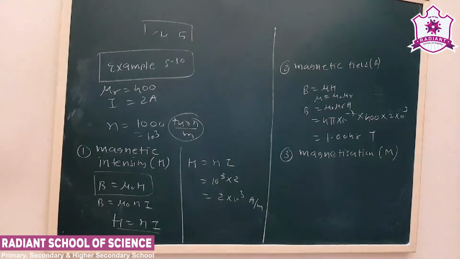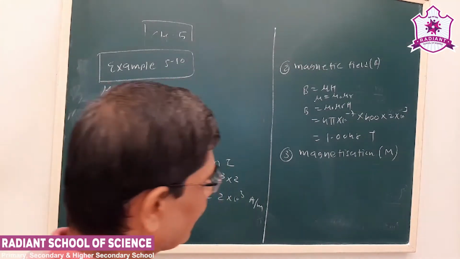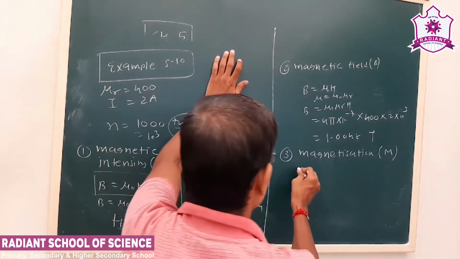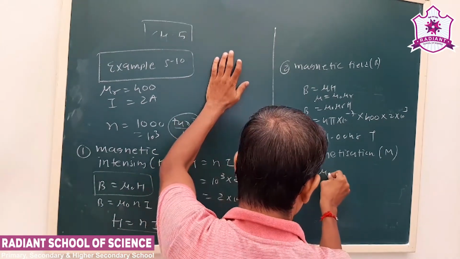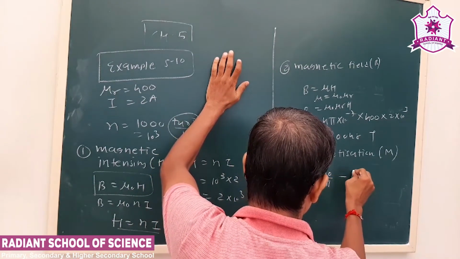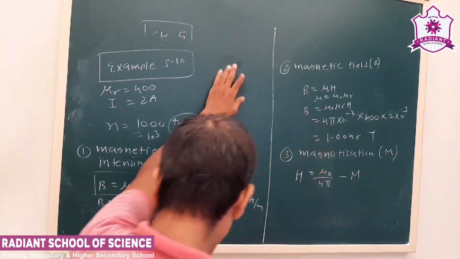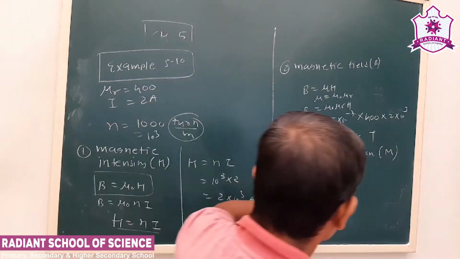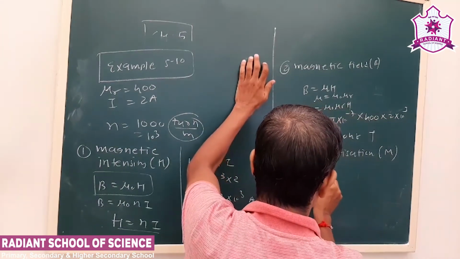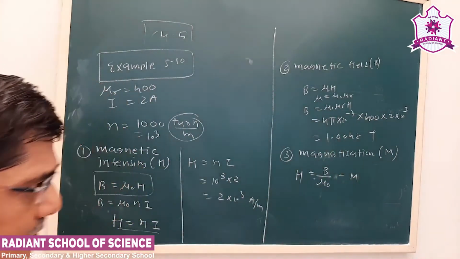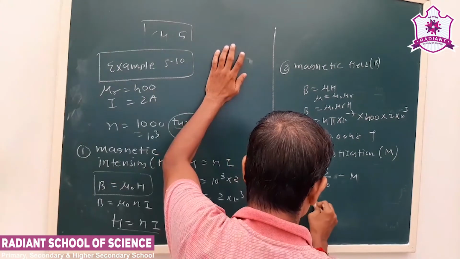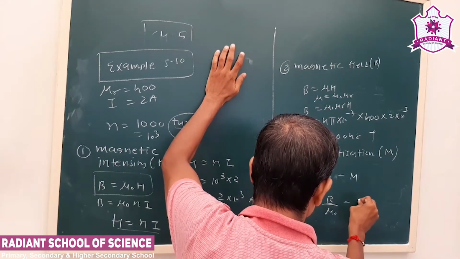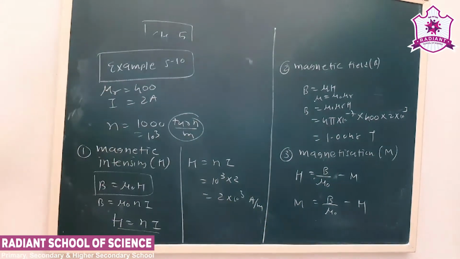See, magnetization formula is M. Now we have derived the relation that B is equal to mu 0 upon 4 pi minus H. H is equal to, sorry, H is equal to B upon mu 0 minus M. So M is equal to, we make M the subject of the equation.